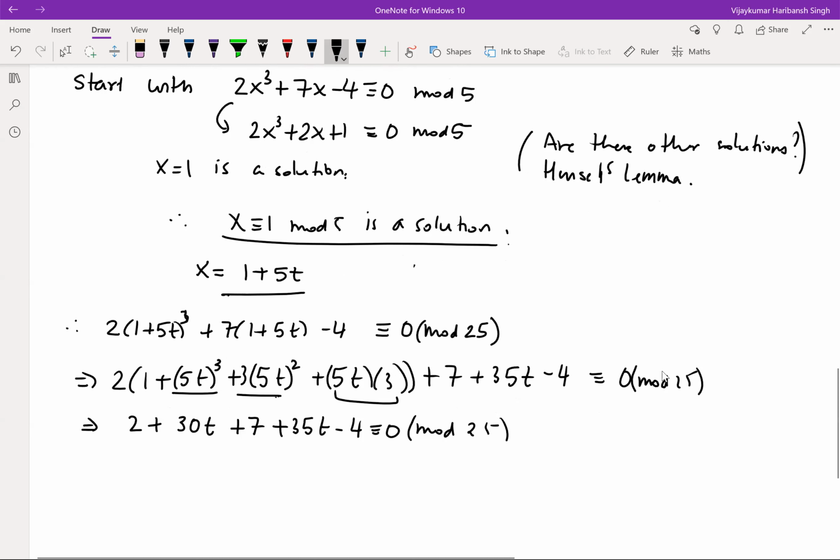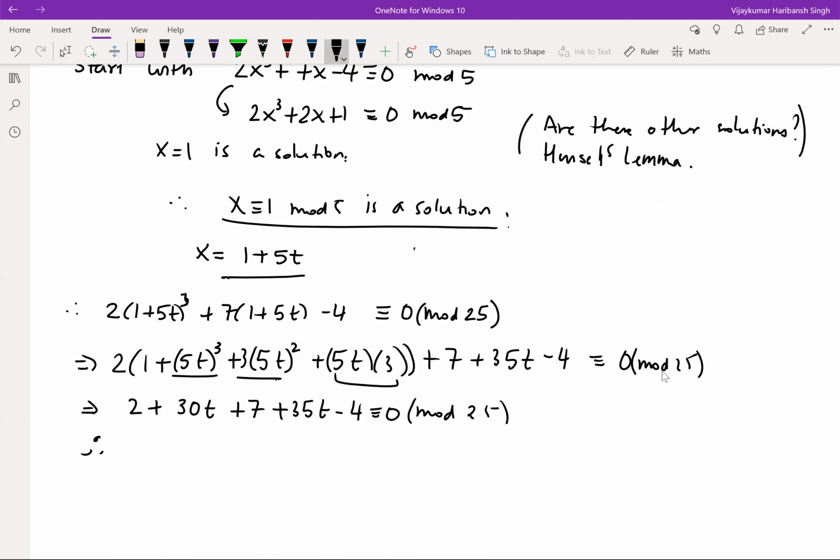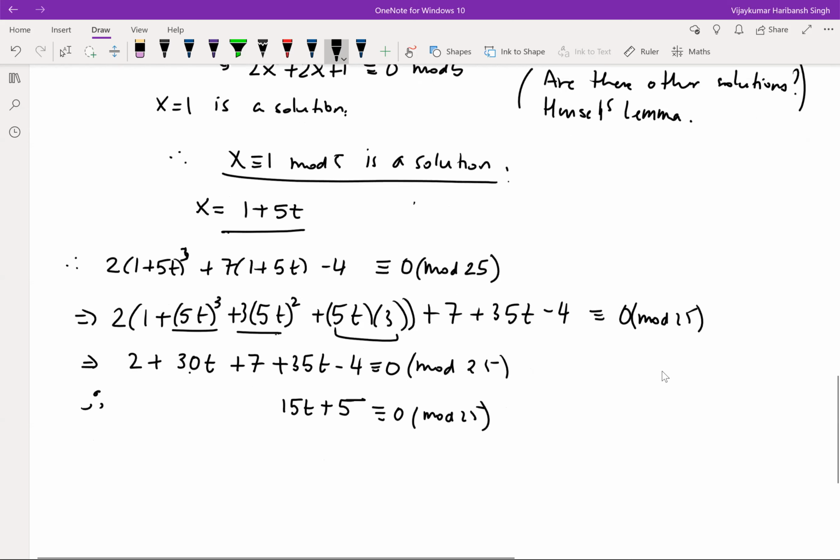So what do we get? 2 plus 7 is 9, 9 minus 4 is 5, and 30t plus 35t is 65t. 65 mod 25 is 15. So 15t is congruent to 0 mod 25 after combining the constant. Now from here we want to solve for t.